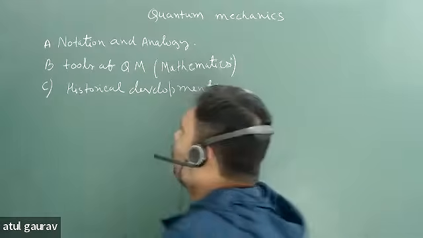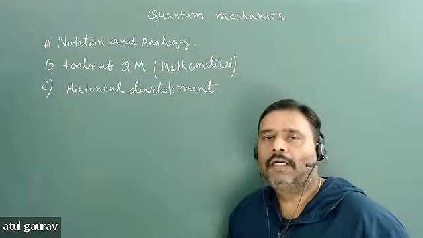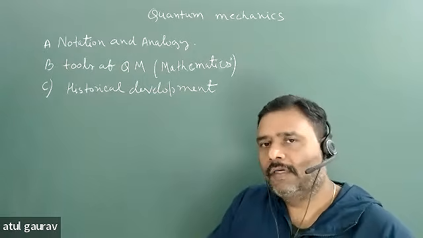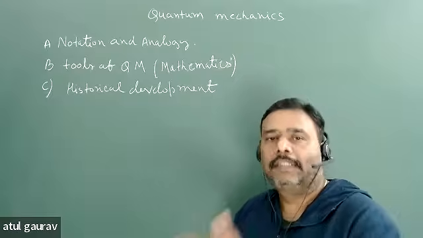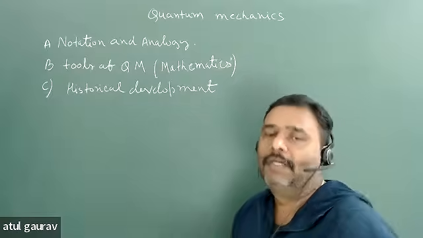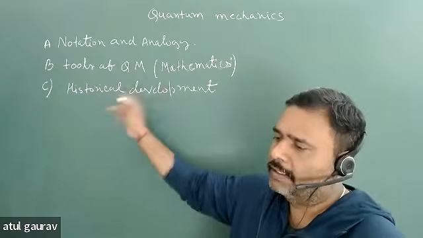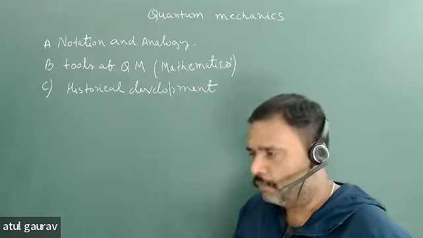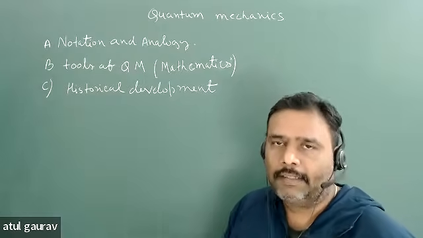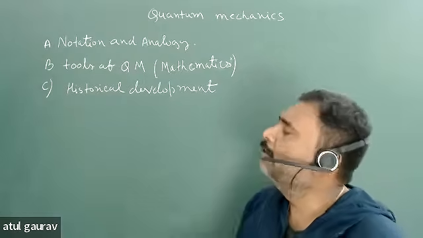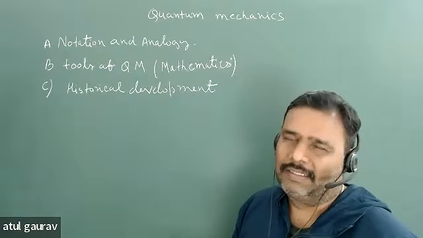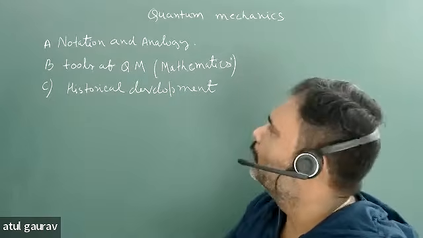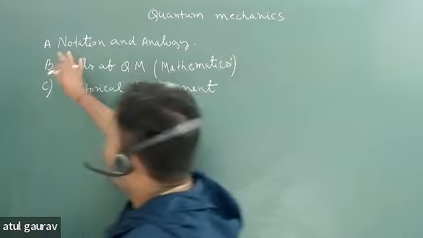In this class, we will go through the historical development in a very brief manner, but we will do this separately and in detail for the JAM students, because it is mentioned separately in their syllabus. In the NET or JEST examination, this is not mentioned. But to know the basics, why we need this, such as the uncertainty principle and de Broglie wavelength, you have to understand all this in the historical development.